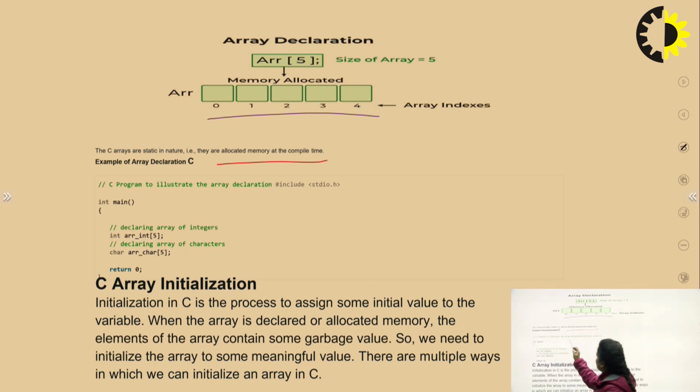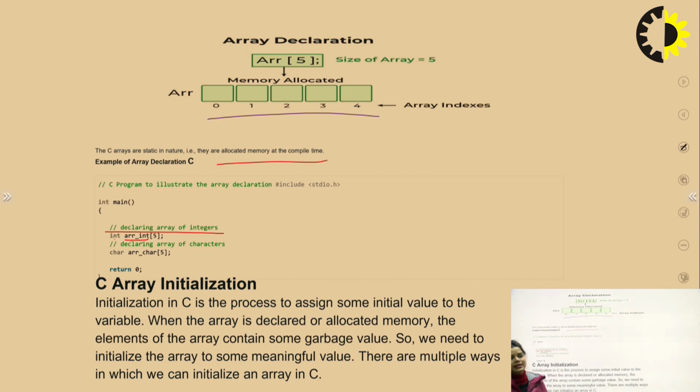Now we have to illustrate the array declaration. Let's see: int main, all of you know. Declaring an array of integers, let's say int arrayint[5]. Arrayint will be the name of the array and 5 memory locations will be allocated to it.